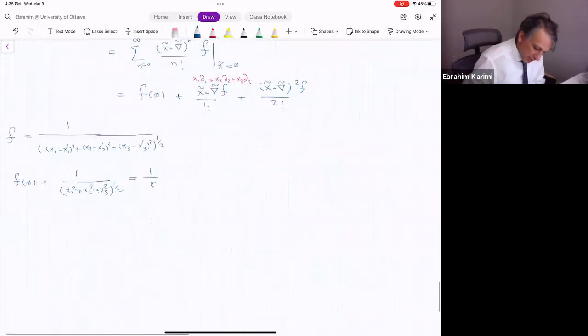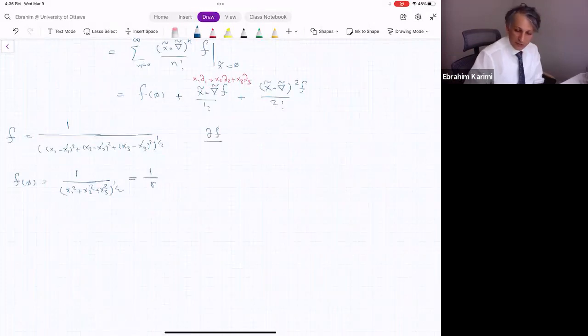Okay. Now look at the derivative of f with respect to one of the parameters, which can be x prime 1, x prime 2, or x prime 3. Let's go with x prime 1.